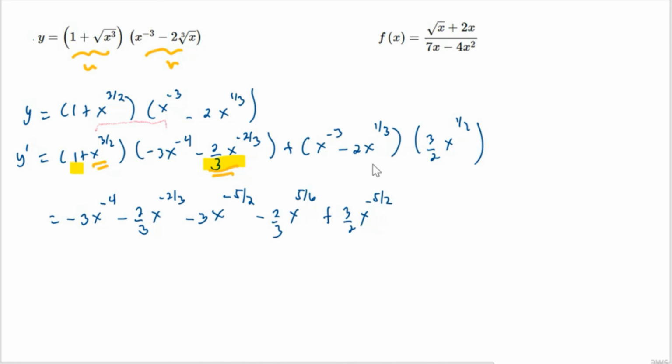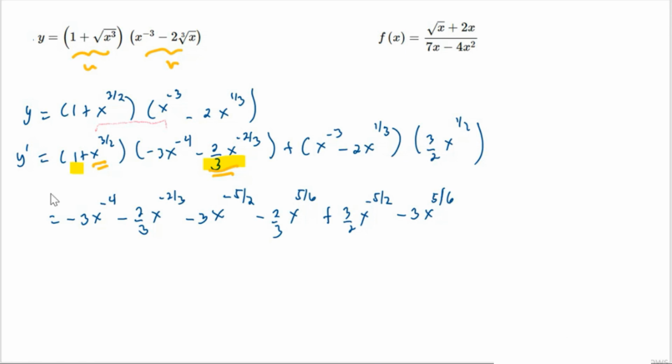And the next term, we have negative 2 times 3 halves. So 2 is cancelled, so we have now negative 3. So negative 3x to the power of 1/3 plus 1 half is equal to 5 over 6. So we have x raised to 5 over 6.